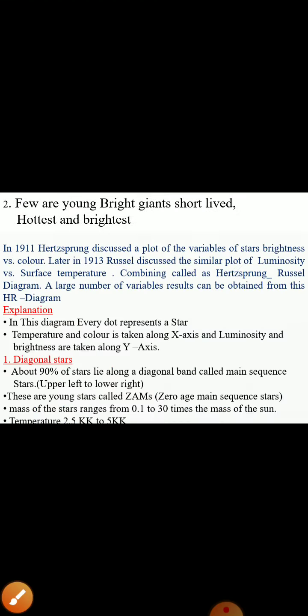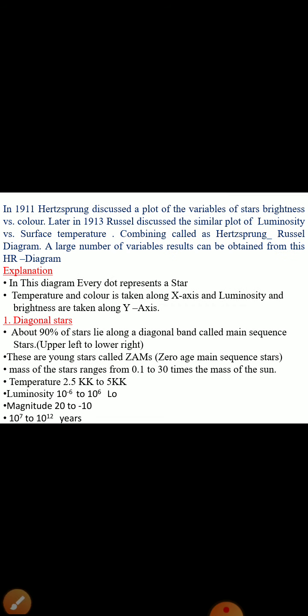There are also stars called ZAMS, that is, zero age main sequence stars. The mass of the stars in the main sequence ranges from 0.1 to 30 times the mass of the sun. Temperature ranges from 2.5 kilokelvin to 5 kilokelvin.